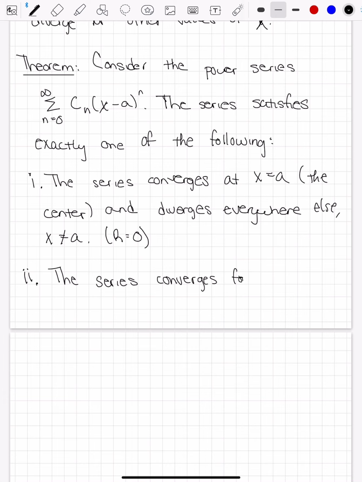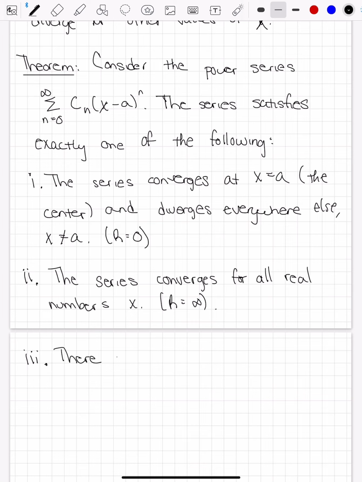The second option is that the series converges everywhere, so for all real numbers x, and here we say that the radius of convergence is infinite. And then the last case is that you have some subinterval.